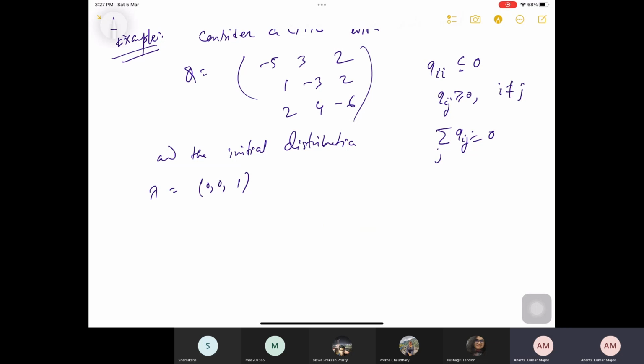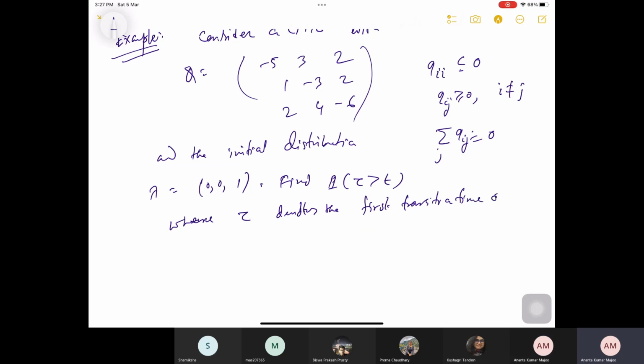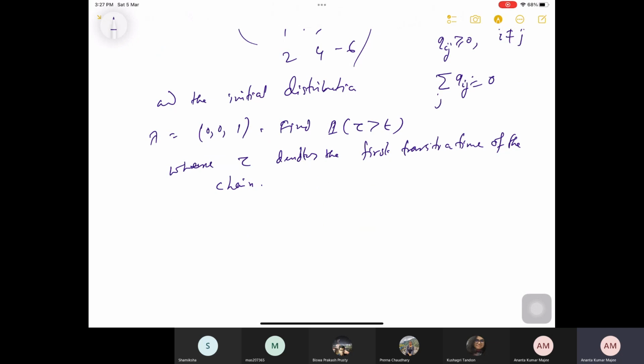So I want to find the probability that tau is greater than t, where tau denotes the first transition of the chain. In this case the states are 1, 2 and 3. From the initial distribution, the chain starts at state 3.